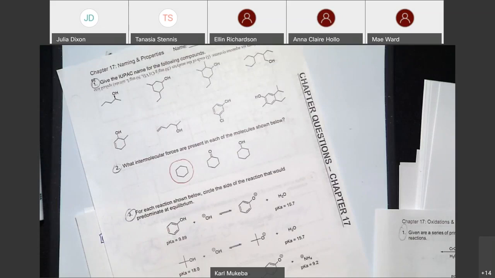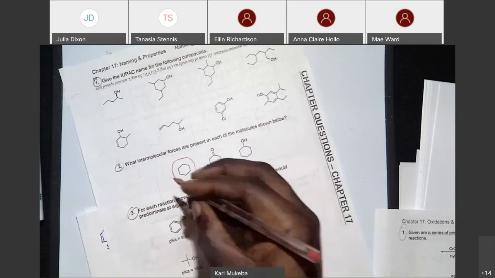There is no polarity, there is no electronegativity. So you have to figure out if the molecule is non-polar or doesn't have any OH or any electronegative element. So what is the predominant force? The dominant force will be what? Dispersion.